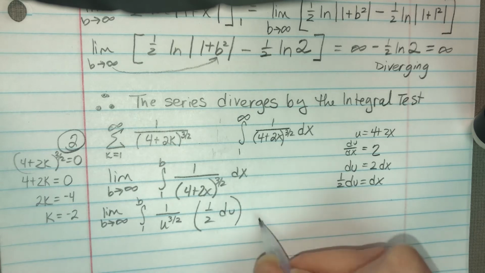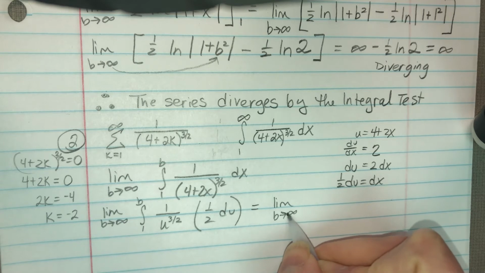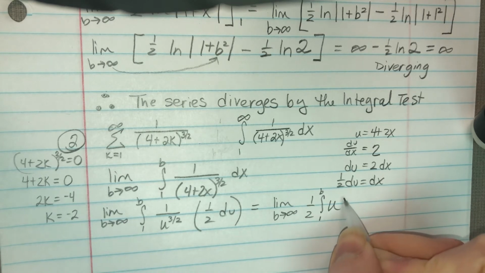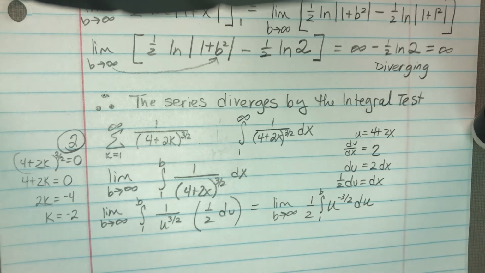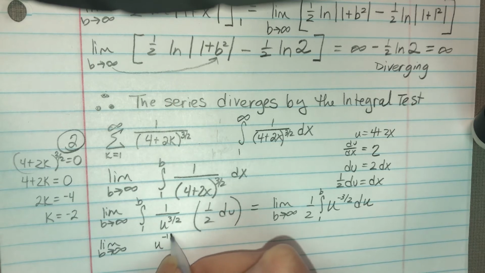So now I'm going to pull the 1/2 out in front of my integral and say u to the -3/2 power, so I can use the power rule backwards. So this is going to be the limit as b approaches infinity of, if I add 1 to -3/2, I'm going to get -1/2. So it's going to be u to the -1/2 power.